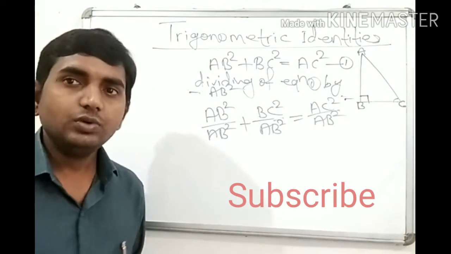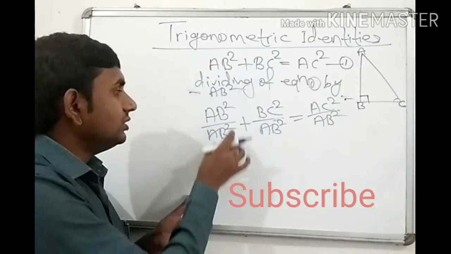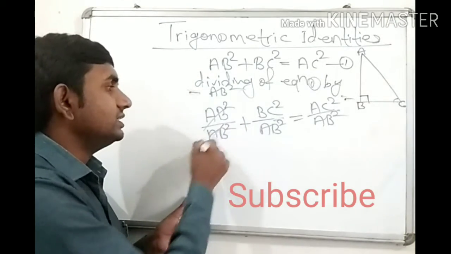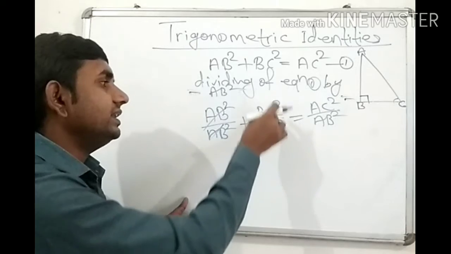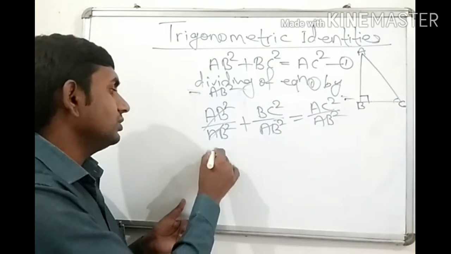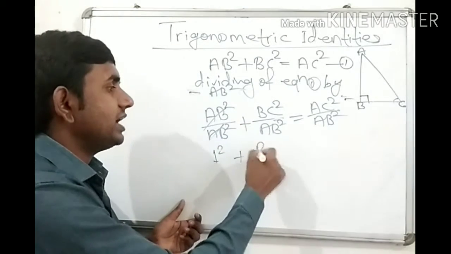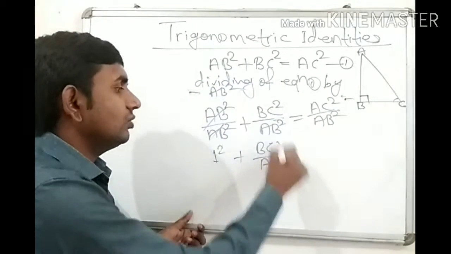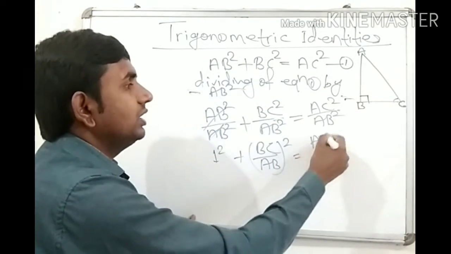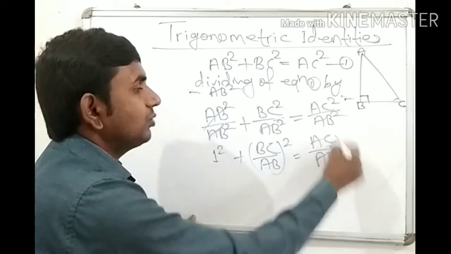Now AB cancels, so we can write 1 square plus (BC by AB) whole square is equal to (AC by AB) whole square.